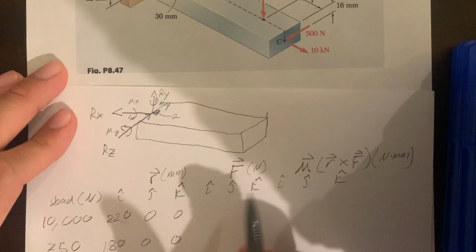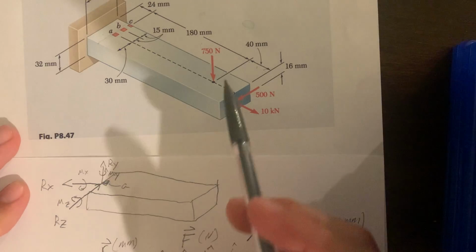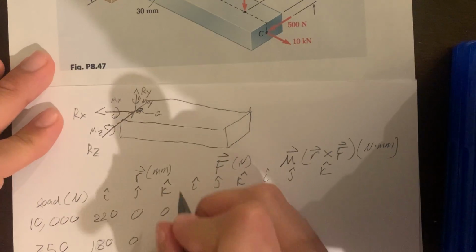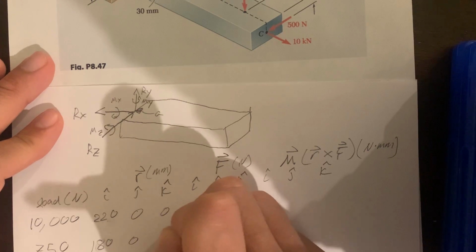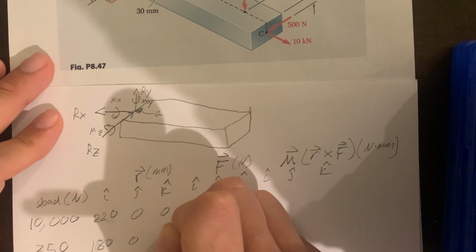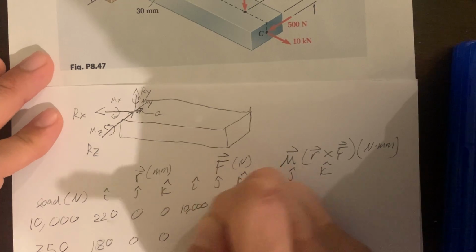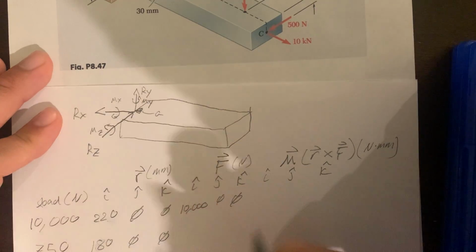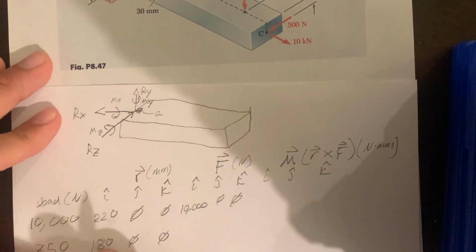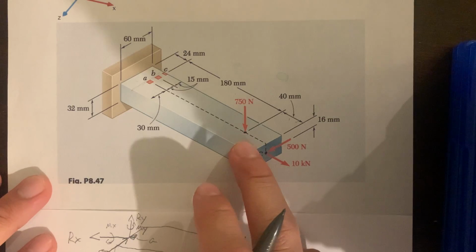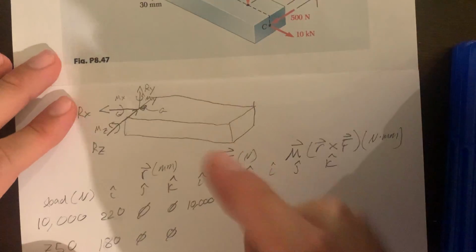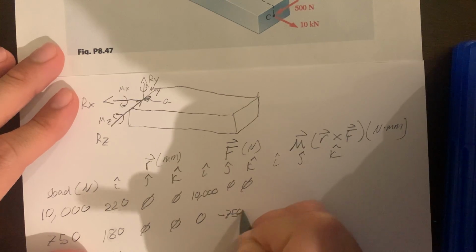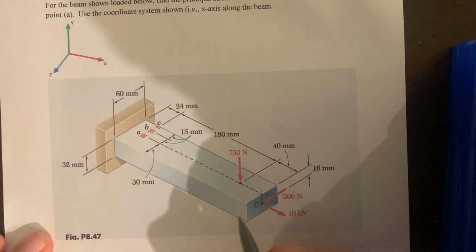Now the forces are going to be with respect to I, J, and K as well. So the force in the X direction, we know it's going to be 10,000, and that's going to be working in the I. So here, 10,000. And then we'll have 0, 0, just to make it more clear. And then for the 750, we have it in the Y direction, so it's going to be 0, and then it's going to be negative 750 because it's acting against the axes.